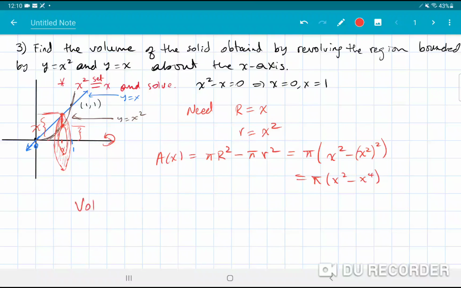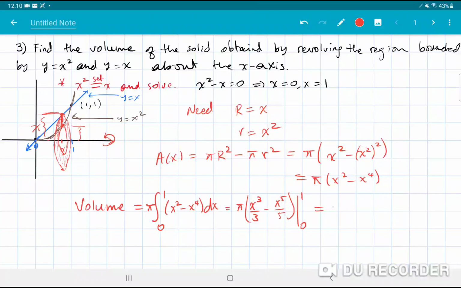So then the volume is the integral from 0 to 1. x could be anywhere from 0 all the way to 1. So pi times x squared minus x to the 4th dx. This is pi times x cubed over 3 minus x to the 5th over 5, evaluated from 0 to 1.